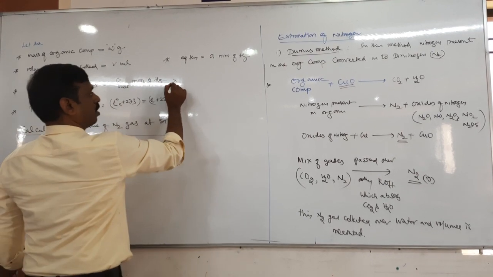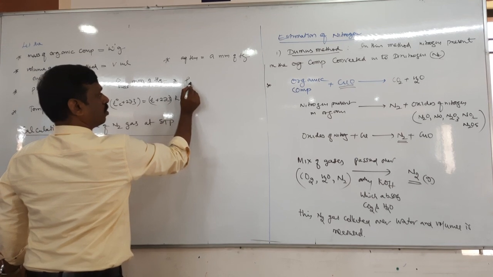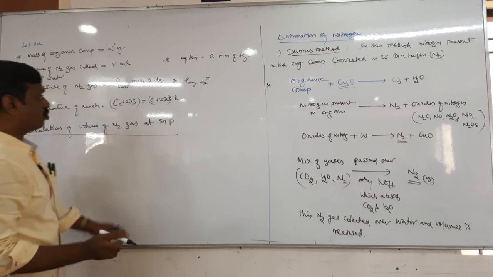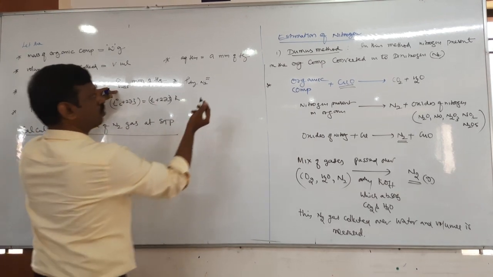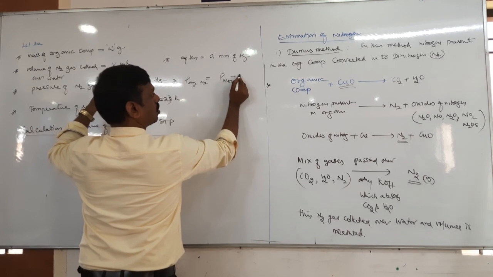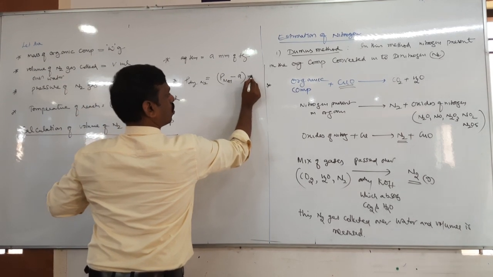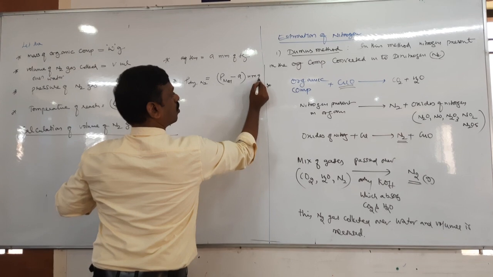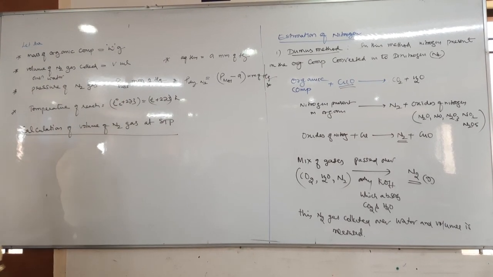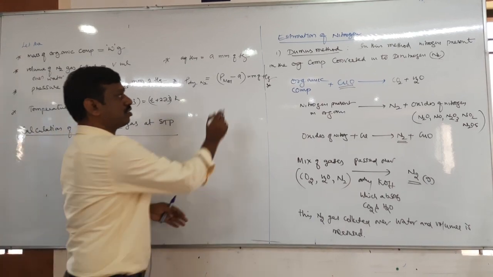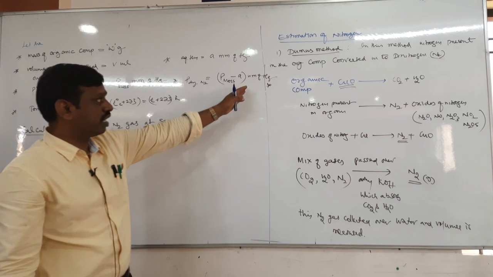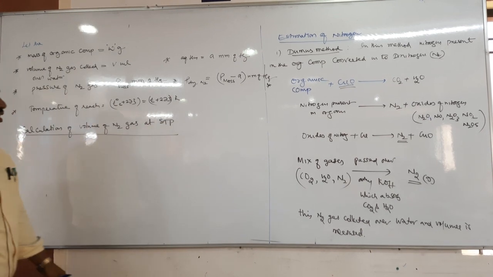What is the pressure of dry N2? Pressure of dry N2 equals pressure of the moisture gas minus aqueous tension.